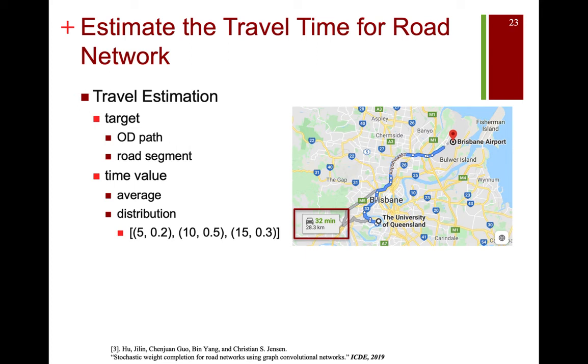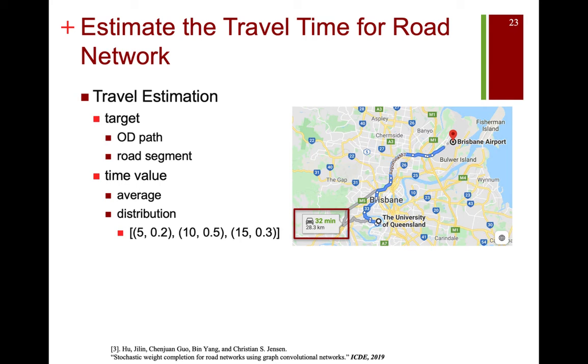One is to consider the travel time for a specific path, just like what I mentioned before, given an OD pair and a specific path. The other one tries to estimate how much time it usually takes to traverse each road segment on the whole road network within a certain time interval.